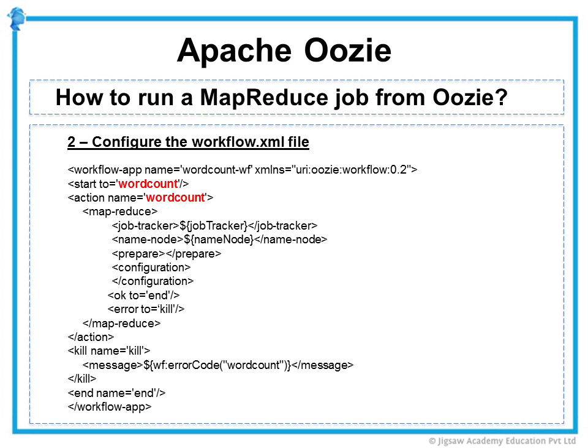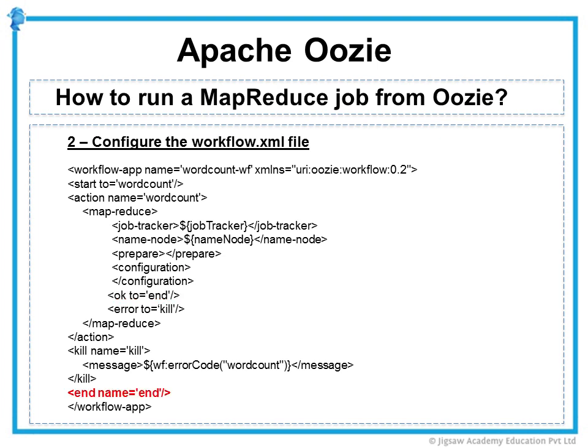The action is basically a MapReduce job, and it uses properties specified under the MapReduce element for setting up the job. Next, it uses the key value pairs set up under the configuration to run the job, and if the job completes successfully, then it goes to the end node, and after this the workflow comes to an end.